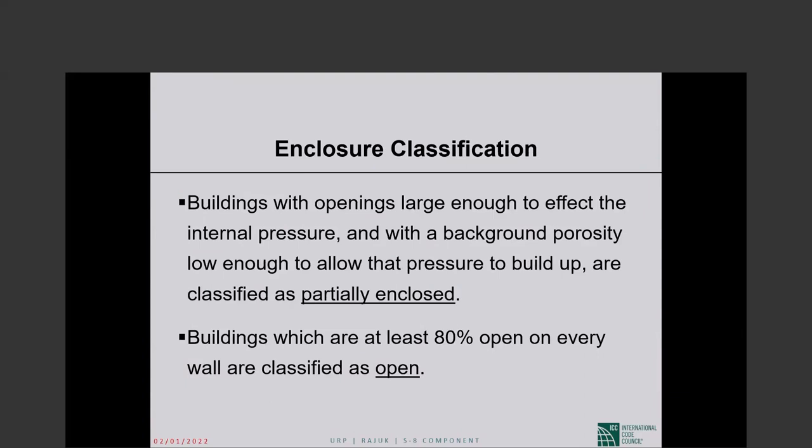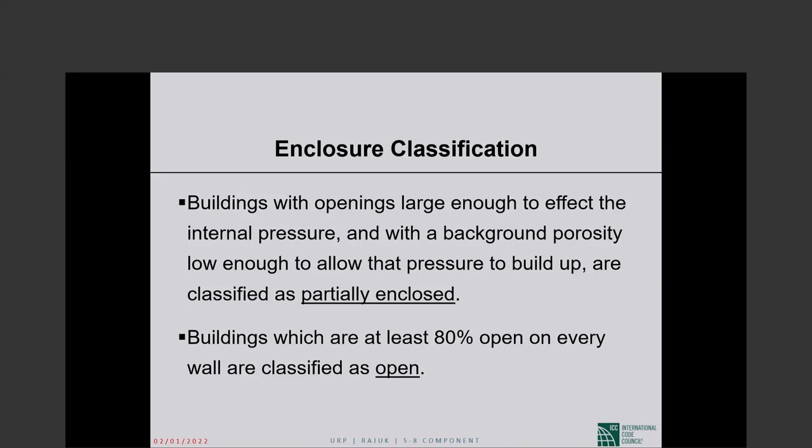Then partially enclosed building. A partially enclosed building has windward openings. It has suction openings, but windward openings predominate so that more wind gets in than can get out, so that we have positive internal pressure build up.